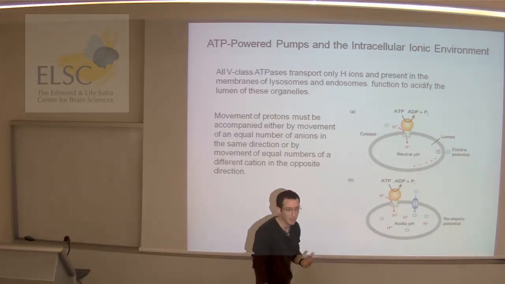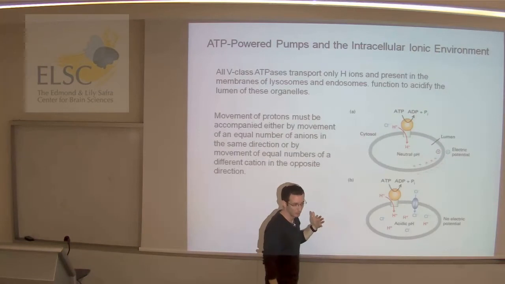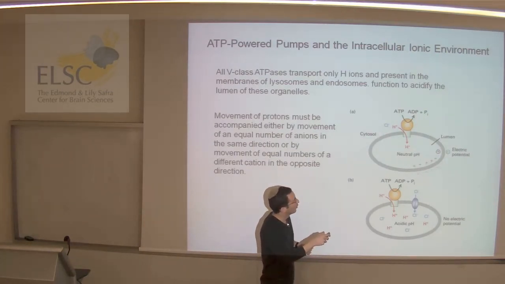Very rapidly, I mean by transport of only several proton molecules. So this is also an electrogenic example of a transport protein, and it has to be coupled in order to allow sufficient acidification of the endosome lumen.